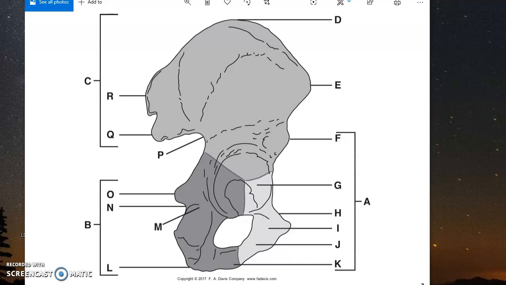Female pelvises are typically broader across the superior aspect. The other way, and this is the way I like to look at it, is looking at the pelvic arch. If you look at 17-3A, you can see that the male pelvic arch is shaped like this, whereas the female pelvic arch is shaped more like this.